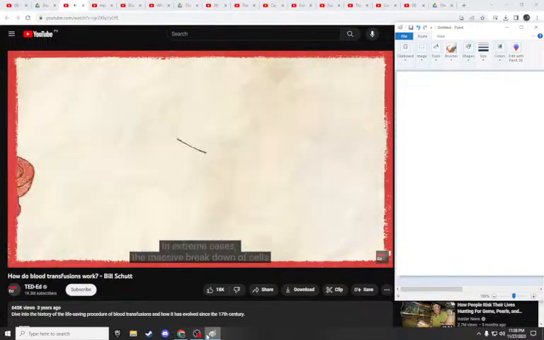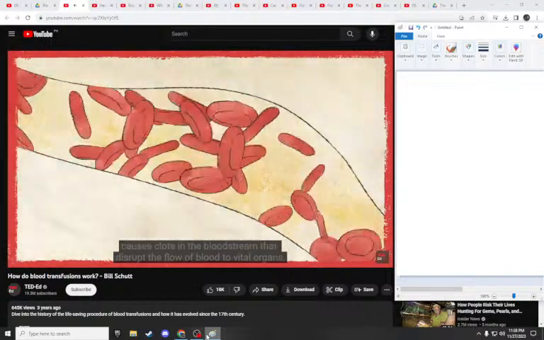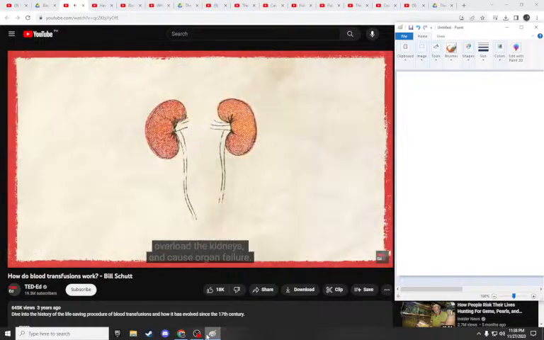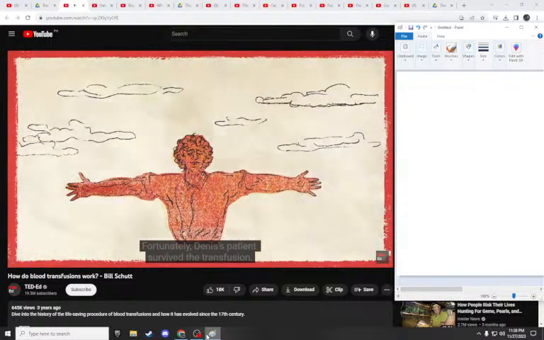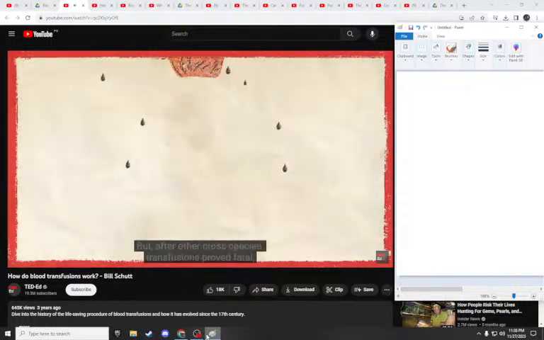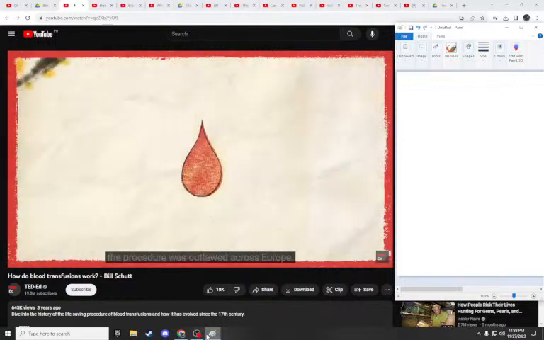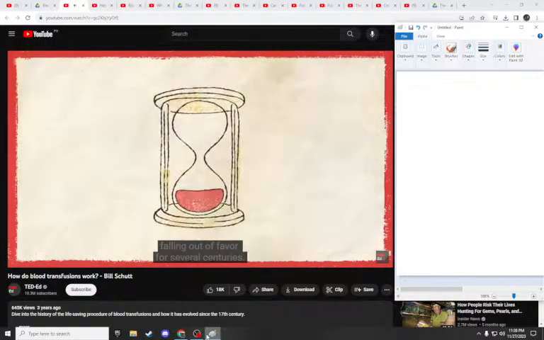In extreme cases, the massive breakdown of cells causes clots in the bloodstream that disrupt the flow of blood to vital organs, overload the kidneys, and cause organ failure. Fortunately, Denis' patient survived the transfusion, but after other cross-species transfusions proved fatal, the procedure was outlawed across Europe, falling out of favor for several centuries.